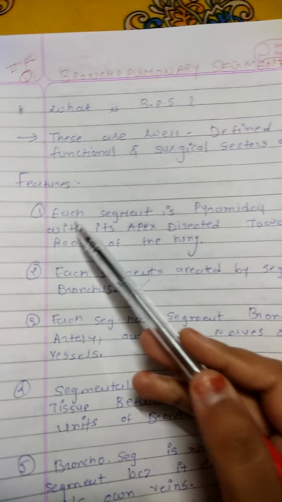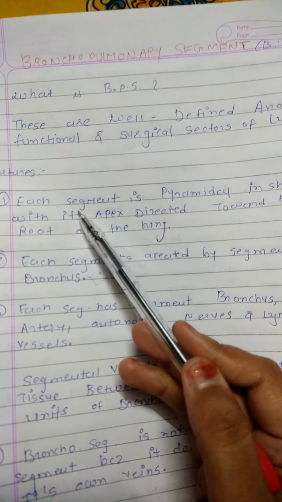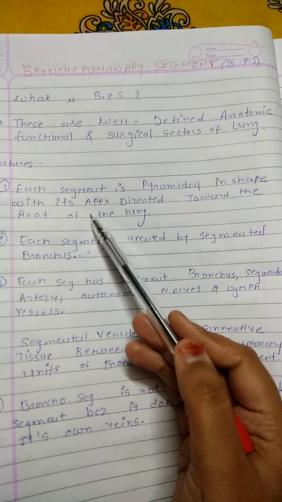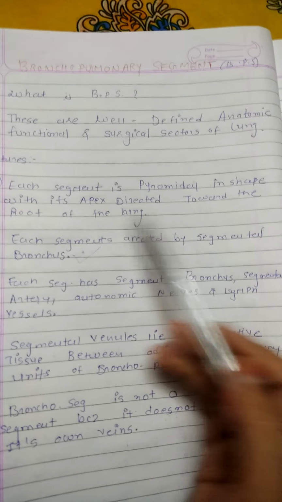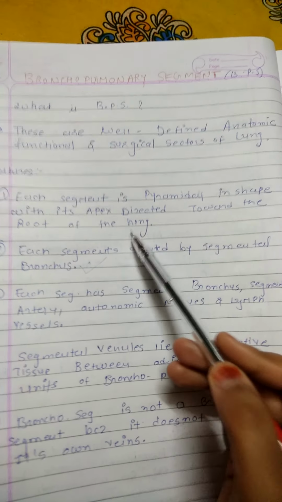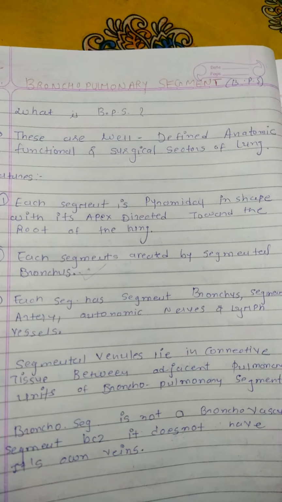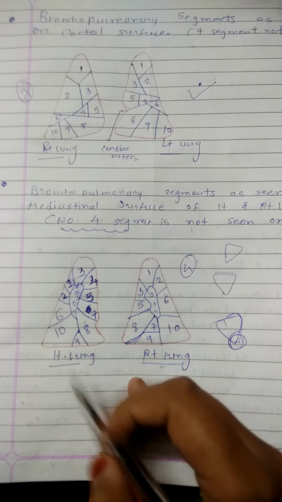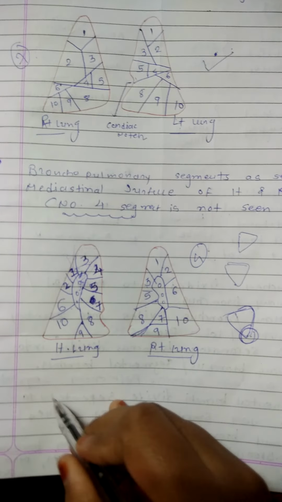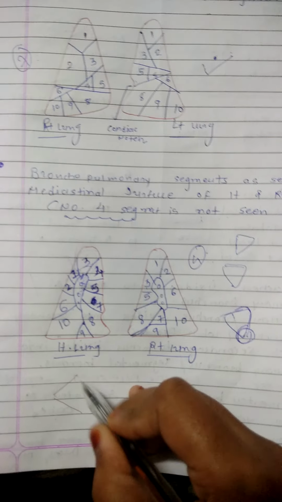First feature: each segment is pyramidal in shape with its apex directed toward the root of the lung. Let's understand this sentence by a diagram. See here, it's one segment. I am taking one segment like this.